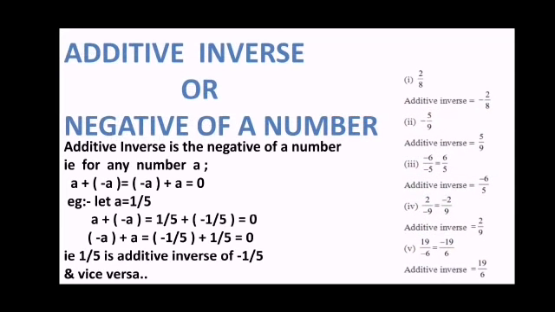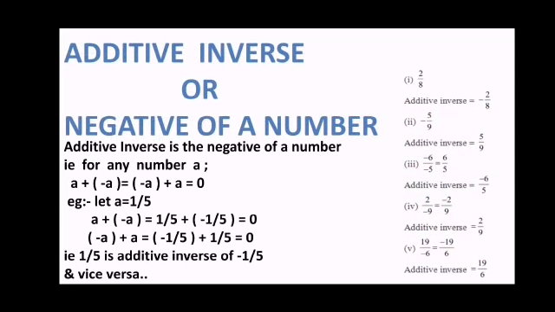Here are a few more examples. If we take 2 upon 8 as the rational number, its additive inverse will be minus 2 upon 8. Second example, if we take minus 5 upon 9, means we took a negative rational number, its additive inverse will be the positive rational number 5 upon 9.